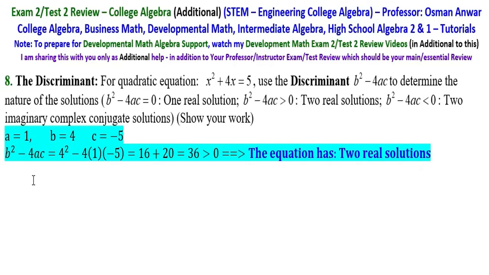So b squared minus 4ac equals 4 squared minus 4 times minus 5. So 4 squared is 16, minus 4 times minus 5 is plus 20, equals 36. This is positive, greater than 0. That means the equation has two real solutions.